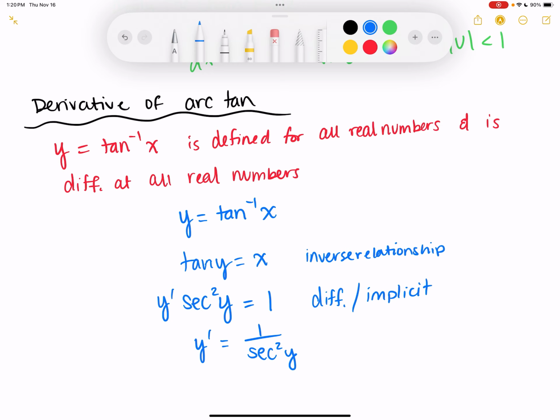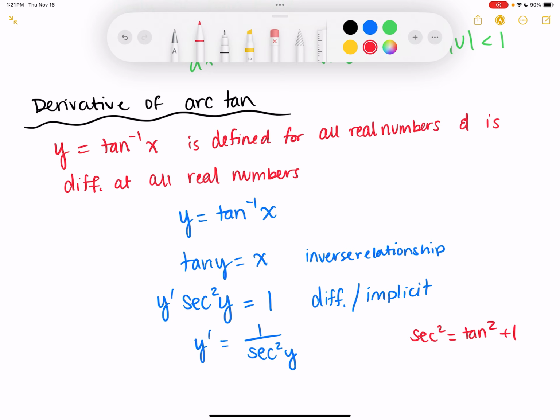Like sine squared plus cosine squared equals 1. What's the one that involves secant? Secant squared is equal to tangent squared plus 1, or 1 plus tangent squared, which is the way it usually gets written, and it doesn't really matter.